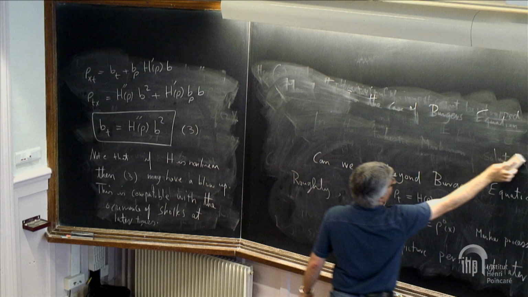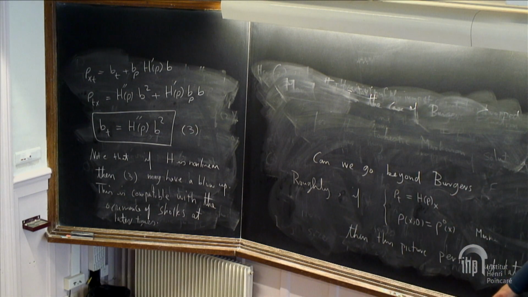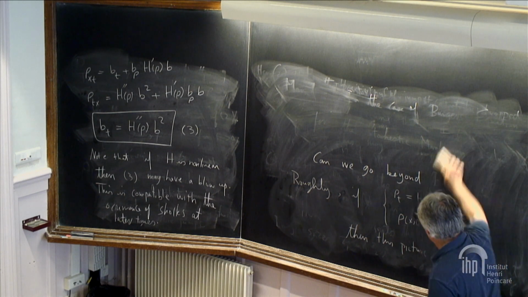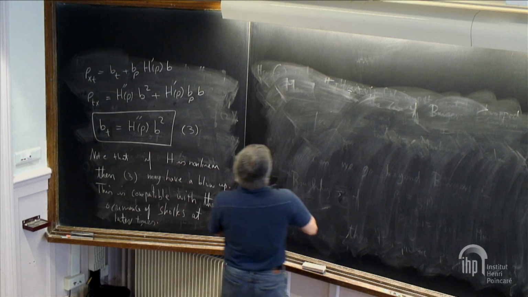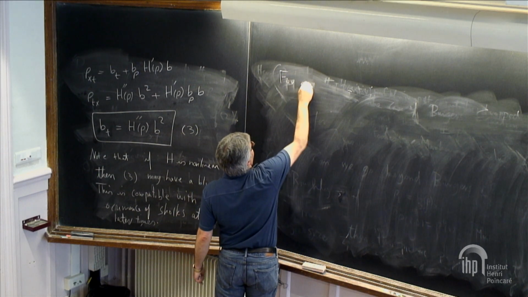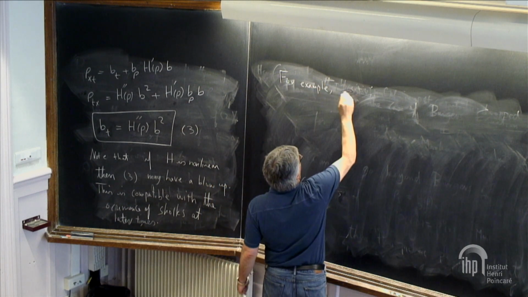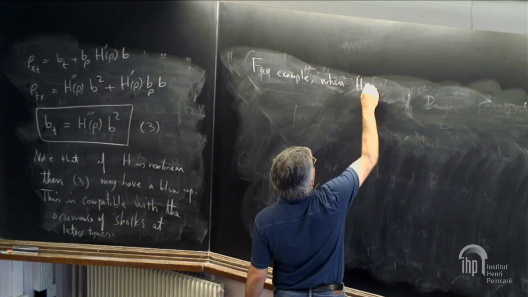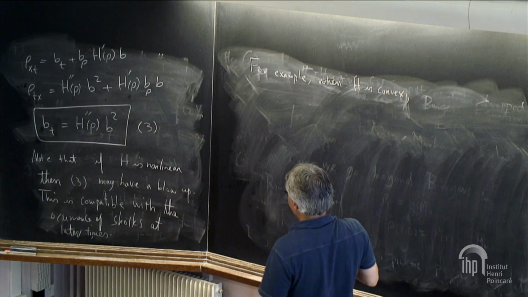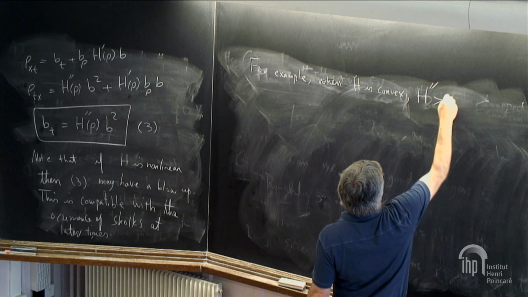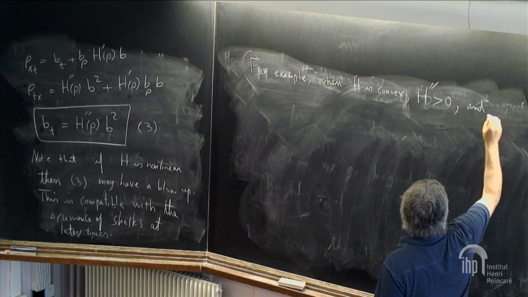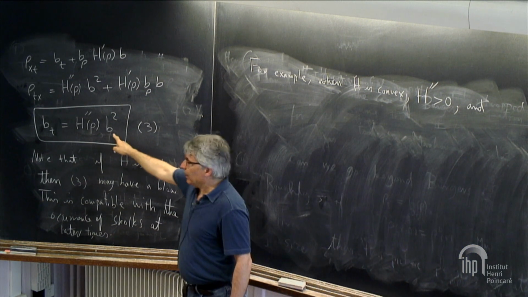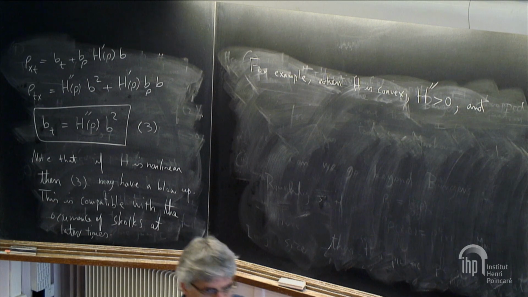But let's make the following observation, however, for example, when h is convex, the second derivative is positive, and if the initial b is sometimes positive, so is the increase of rho.